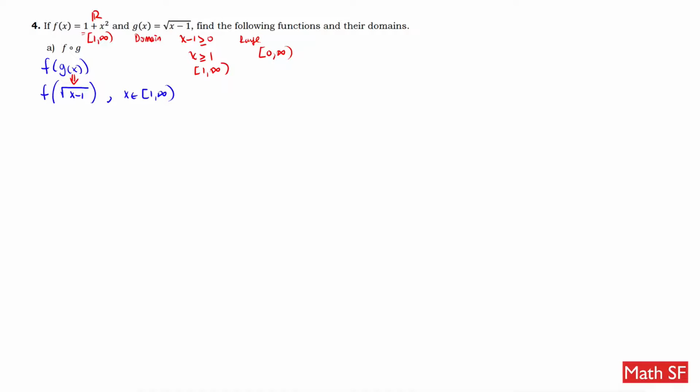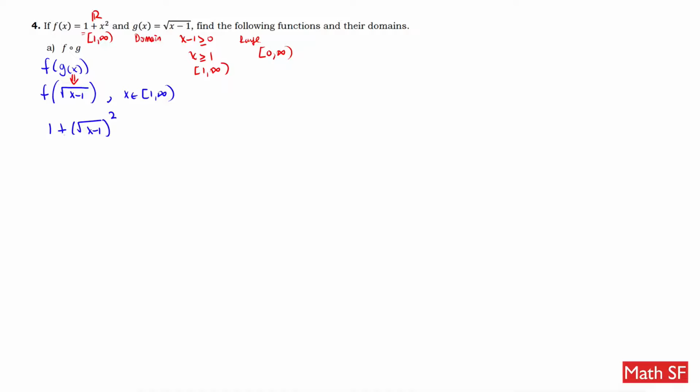So the outcome of this one is f of g. It actually doesn't matter with the domain and the range here, because the range of g of x is 0 to infinity, so we're fine there. So let's keep doing this problem. f of that guy will be, let's do the math here, 1 plus x squared, which will be this guy minus 1 squared.